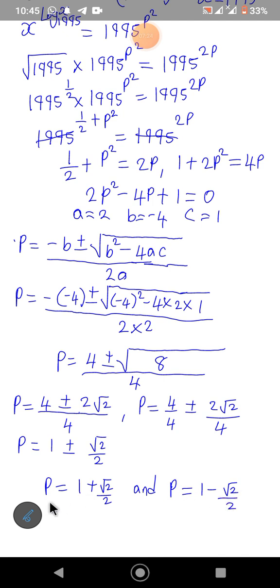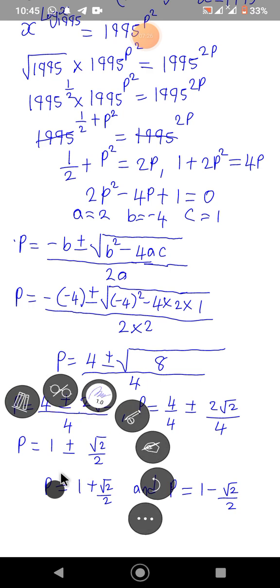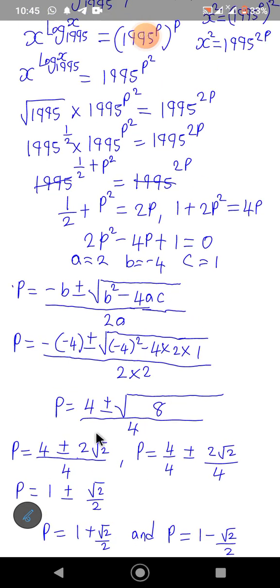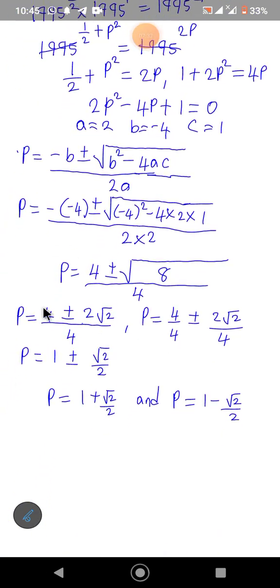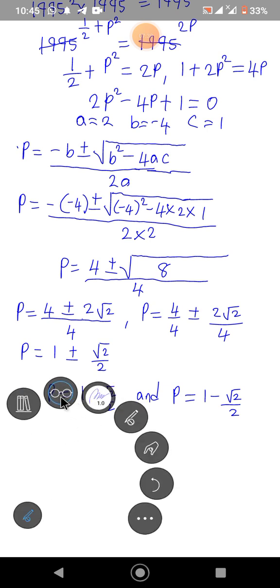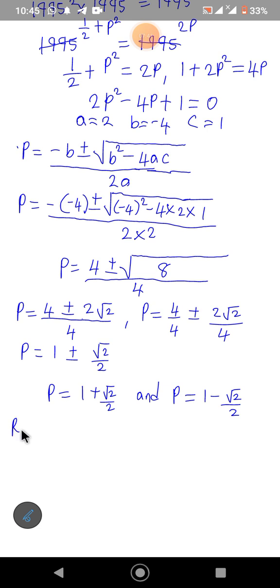Then now, I'm going to go back to the beginning of this question, which says that x is equal to 1995 raised to the power of p. Recall, x is equal to 1995 raised to the power of p. Now I've gotten p as this and also this.